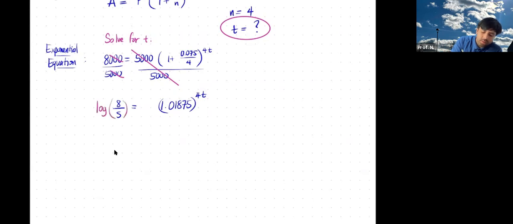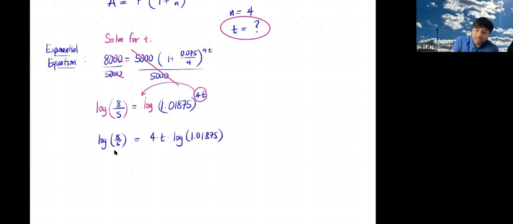Just use one. So using log base 10 is okay, right? And then I get log on the left side of 8/5. Leave that as 8/5 for now. And then what happens with this 4t now? I can place it out in front. I'm left with 4 times t times log of 1.01875.